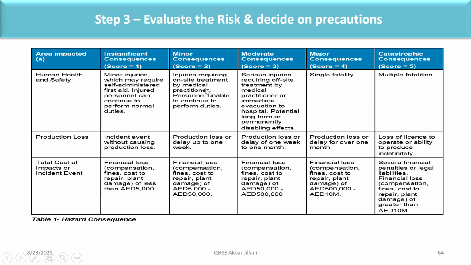If we provide first aid but send them to the hospital, and there are some stitches or more bleeding, so we tell them to follow up at the hospital. So the score is 2, because this is MTC, medical treatment case.